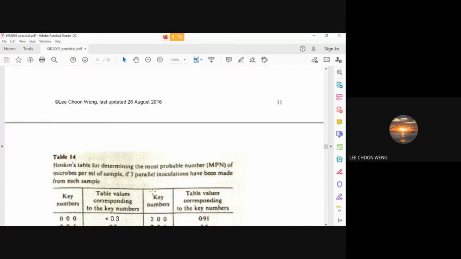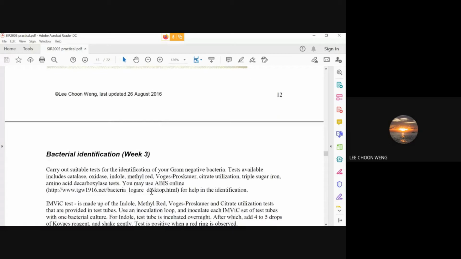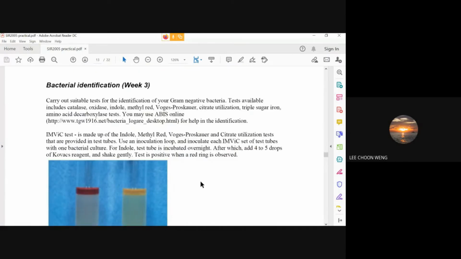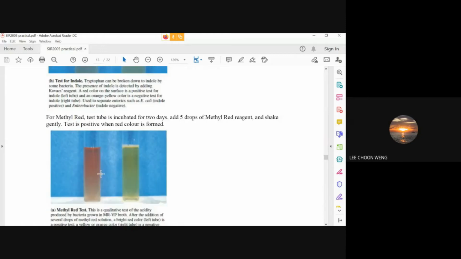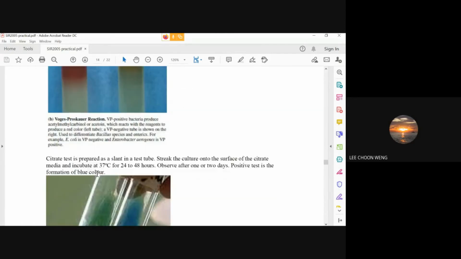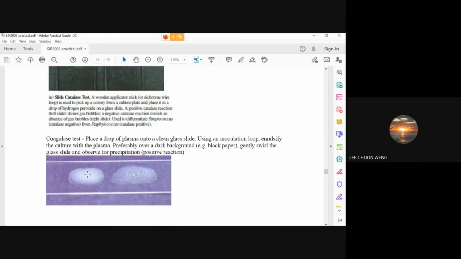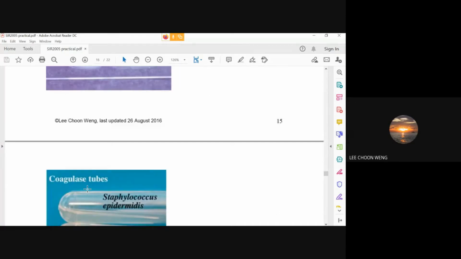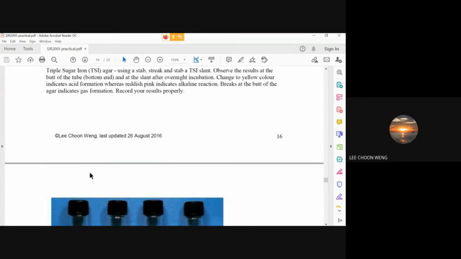Most probable number for identification counting of water samples, and these are the tests that you all have gone through. We've gone through this. Do you have any questions about all these biochemical tests?